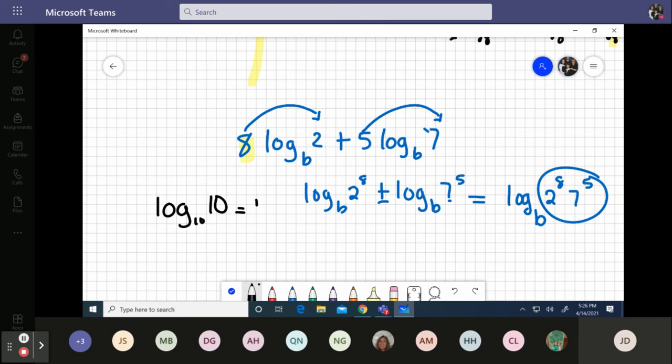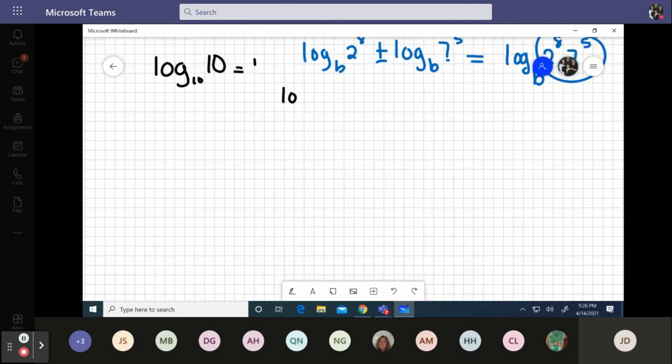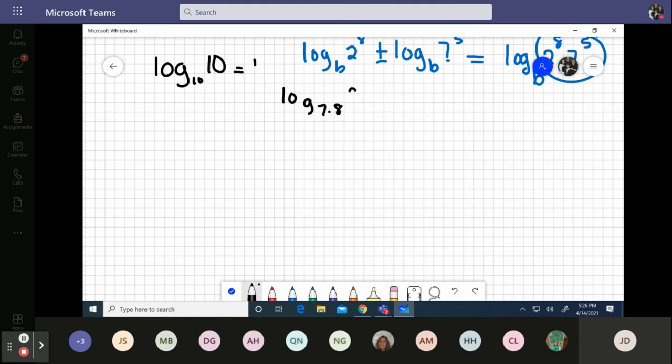You cannot put in the base, you have to make the ratio. You're going to punch in 2.4 log divided by 7.8 log.